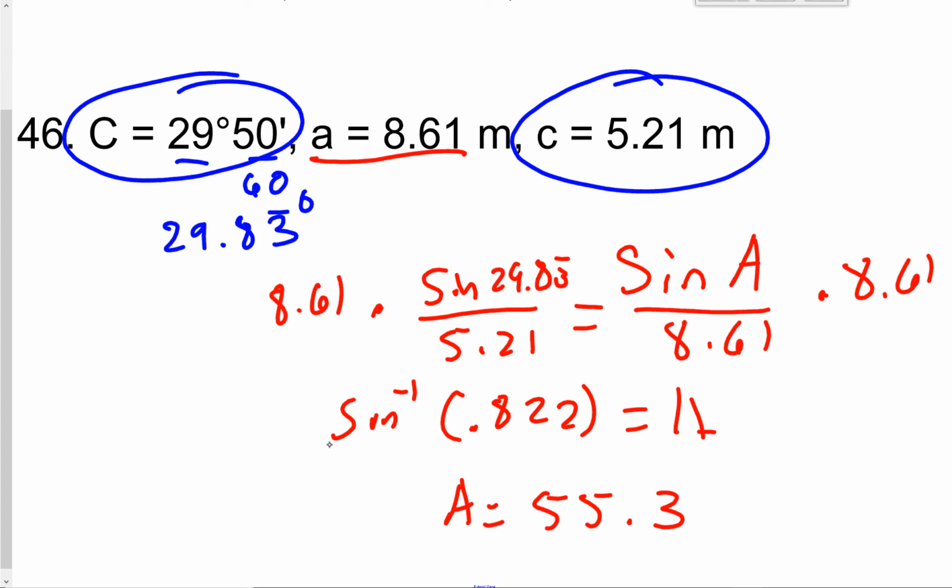So there's angle A. And now I have angle C, right? So I just need to do angle B. So 29.83 plus 55.3 minus 180. I get 94.87.